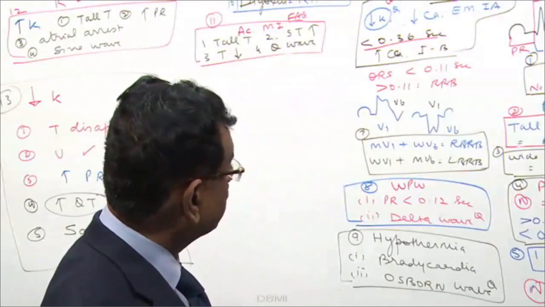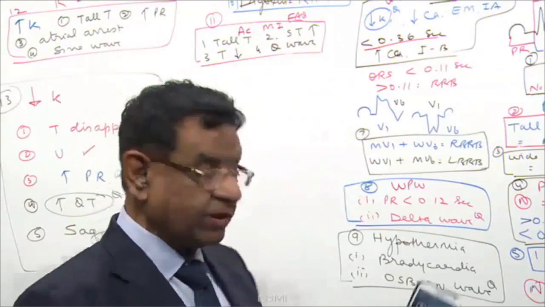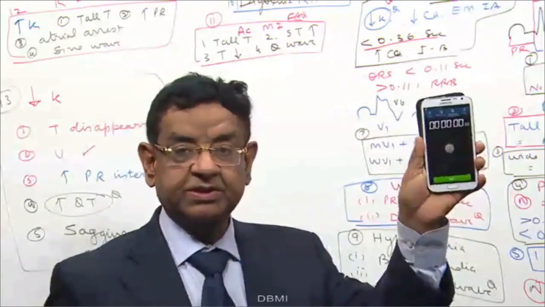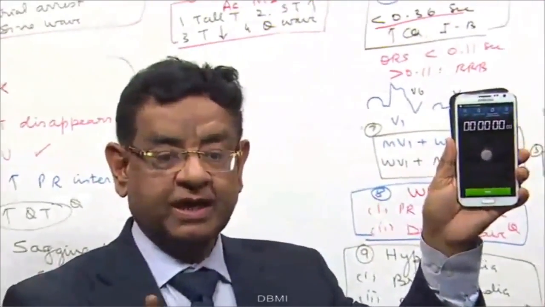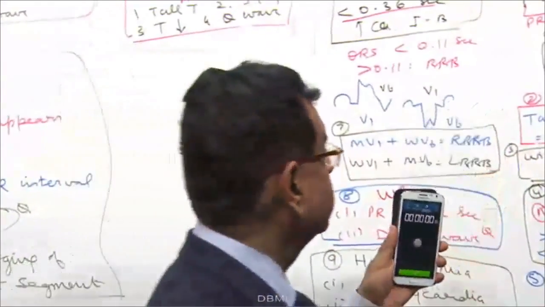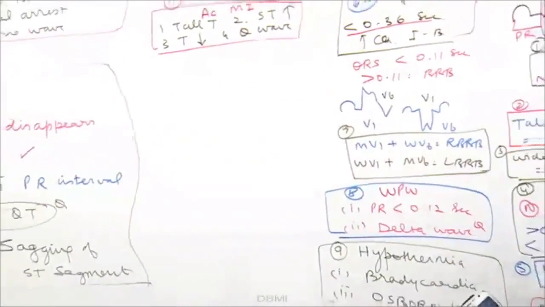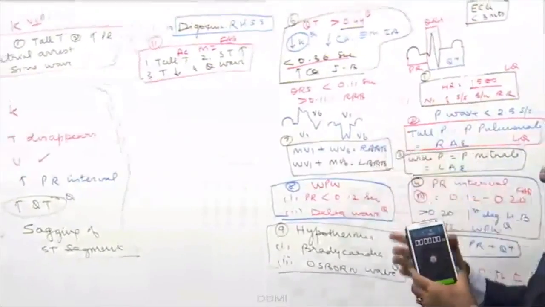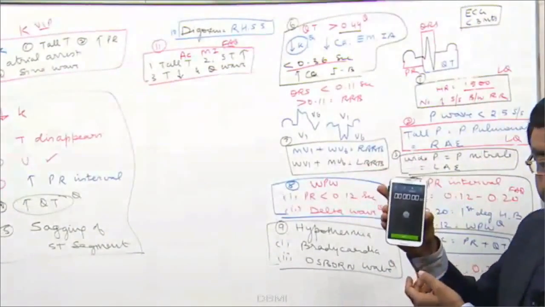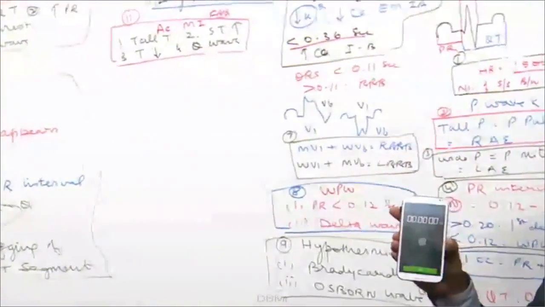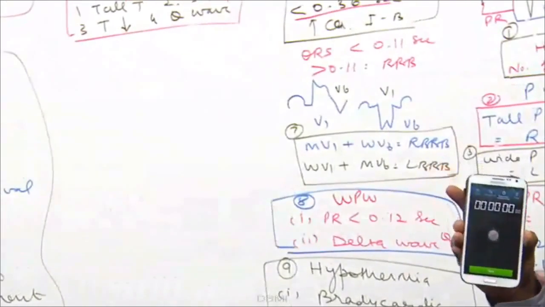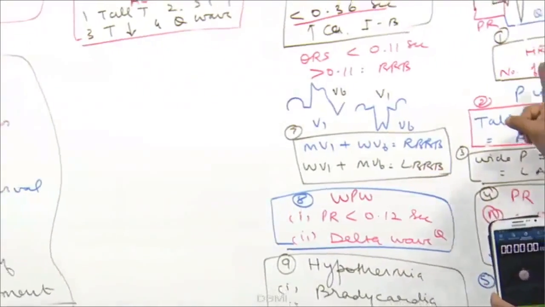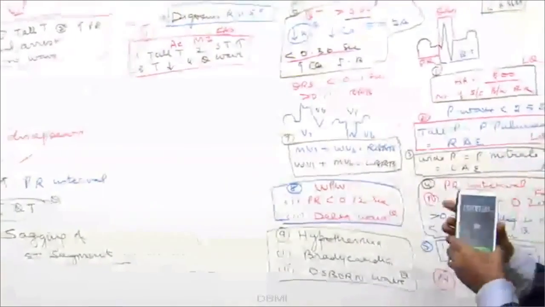I'm starting with this stopwatch. I will be reading the boxes for you. Please zoom in on the boxes. I'll be revising all the boxes for you. Please focus on the watch. It's 0. Now you focus on the boxes. So I'm starting.